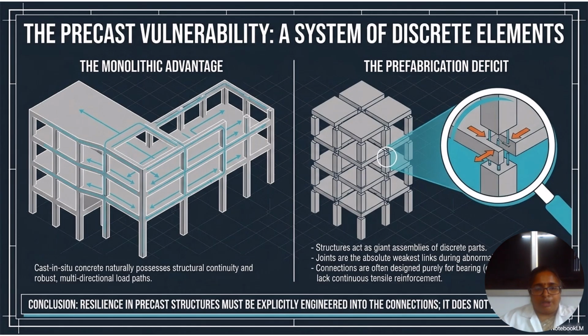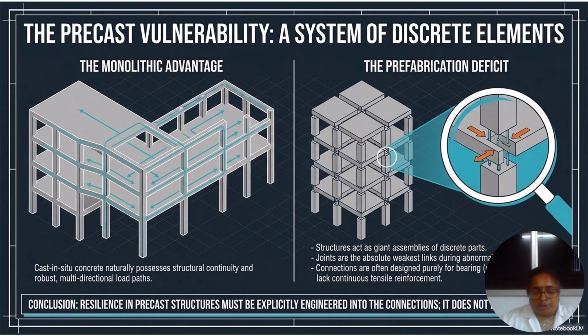Next, the precast vulnerability: a system of discrete elements. As we all know, prefabrication is a system of separate elements joined together at the particular site with the help of joints, connections, and sealants. Cast-in-situ concrete naturally possesses structural continuity and robust multidimensional load paths, whereas prefabricated structures act as giant assemblies of discrete parts.